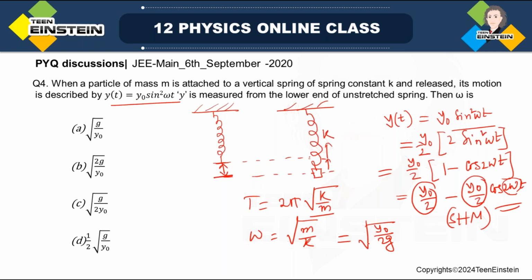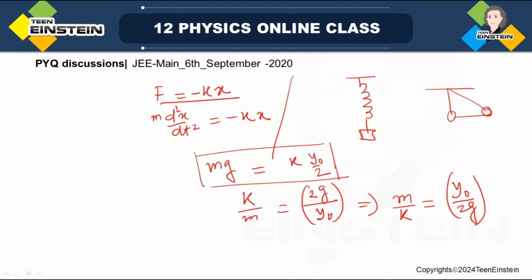Let us see the options, whether I have done some mistake here. Two g y naught by 2g, yeah, it is all right. Let me cross check once again.